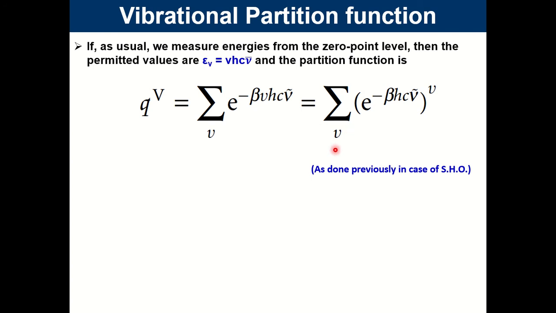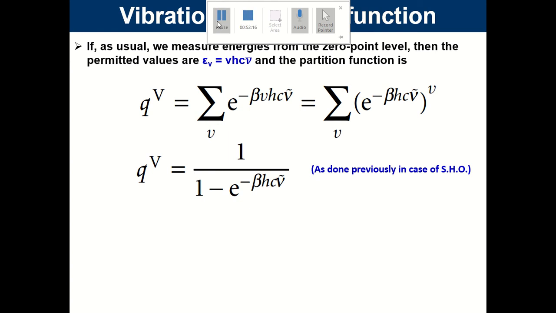You will sum it over, and as done previously in the case of the simple harmonic oscillator, we converted it into 1 by x, 1 by 1 minus x kind of thing, so that you can understand. You can see this.